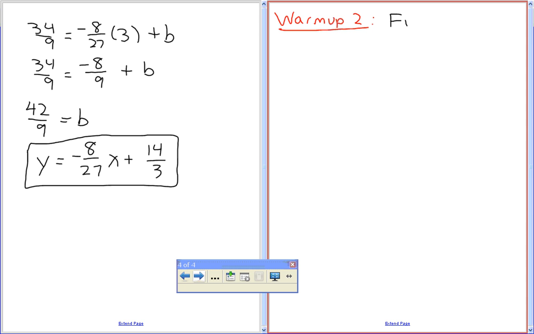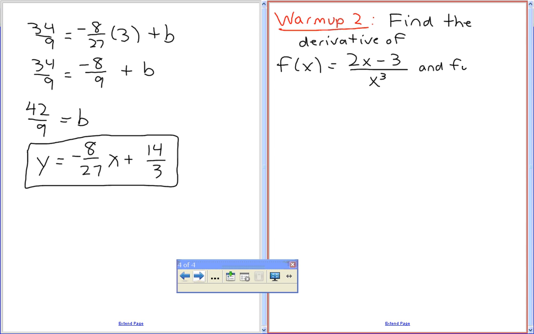Find the derivative of f of x equals 2x minus 3 over x cubed and fully simplify.